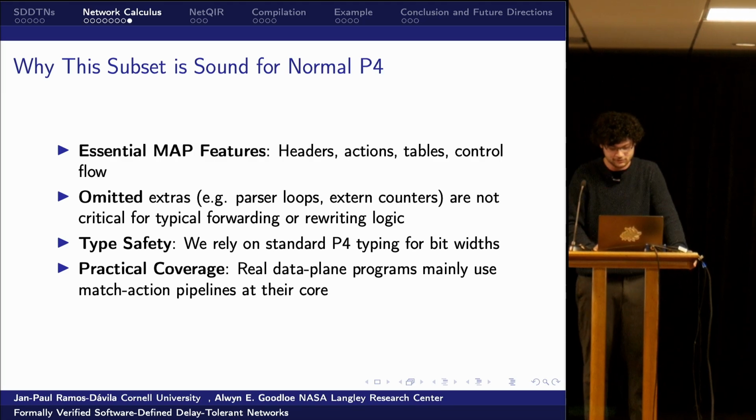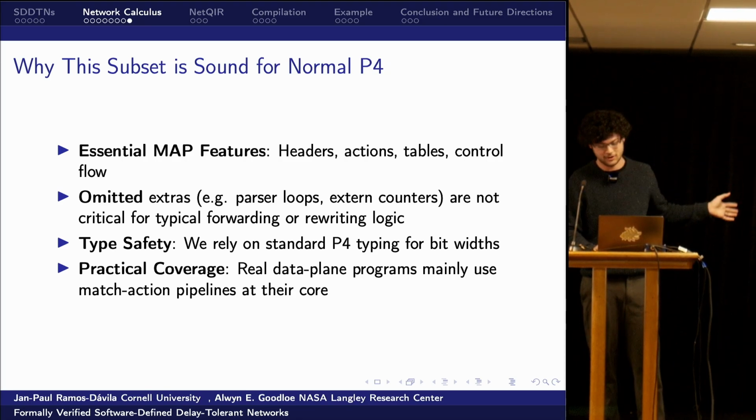So I've just focused here on these core constructs from the match action pipeline. So it's just headers for the field definitions, tables for match, actions for field updates, and the basic control flow. I'm pretty much ignoring any more advanced P4 features, as well as omitting specialized hardware-bound P4 features as well.